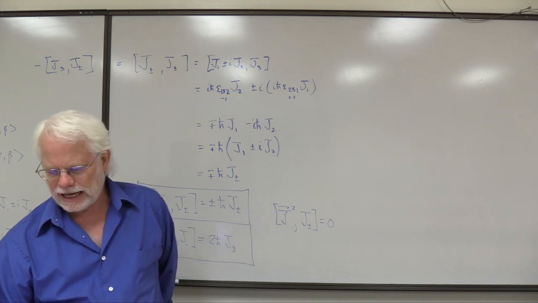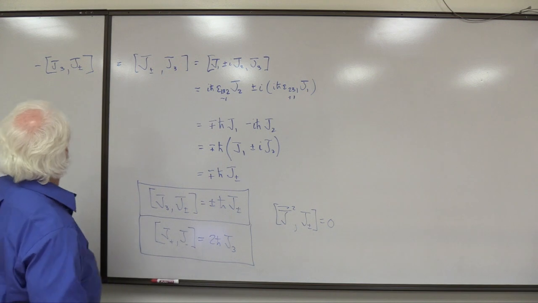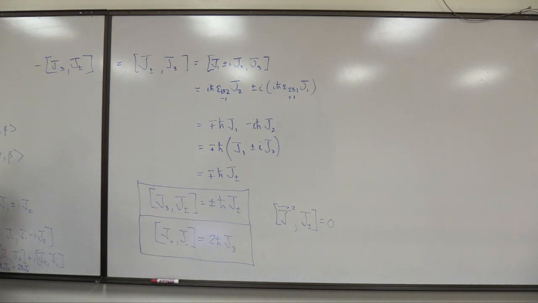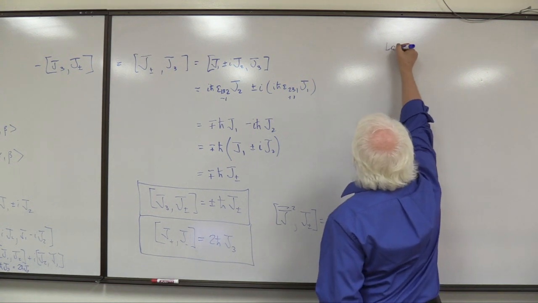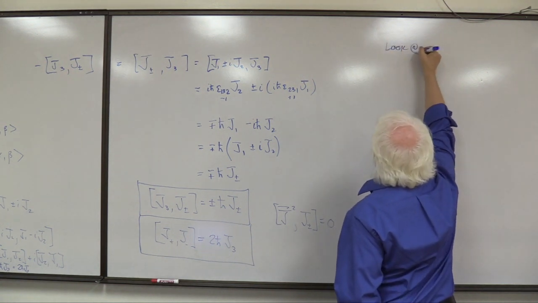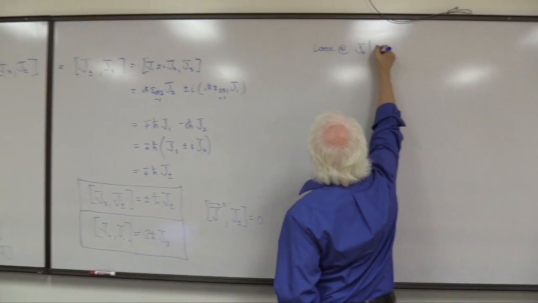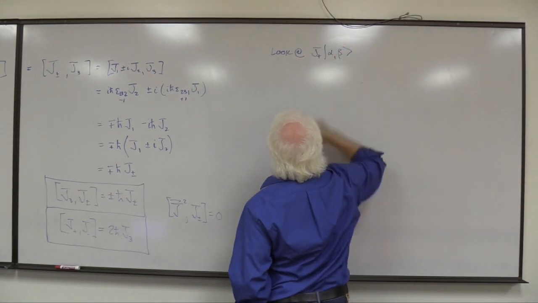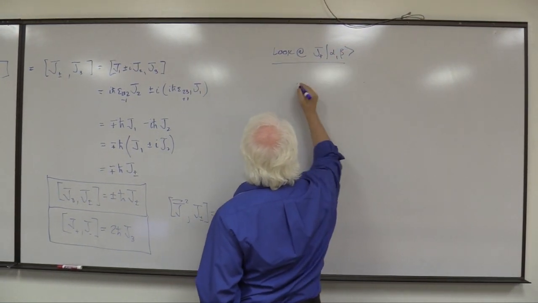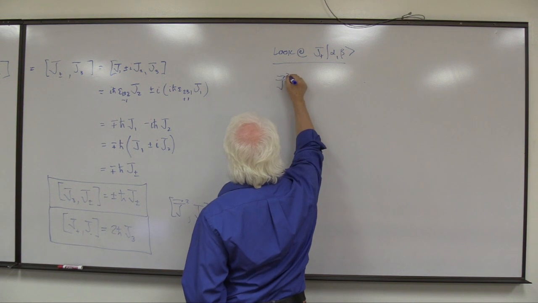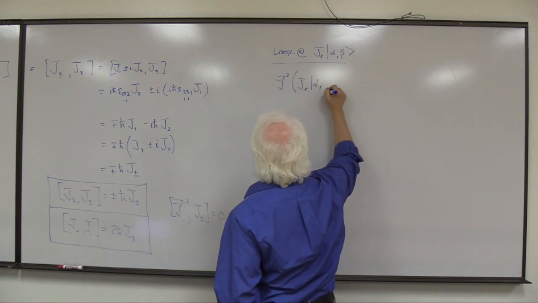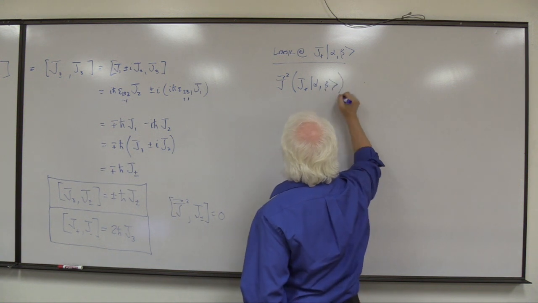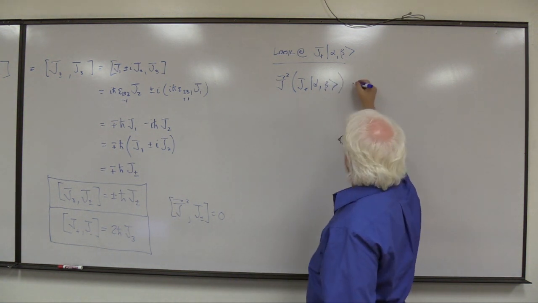What I want to study is the action of J plus on one of these eigenstates. So look at J plus on alpha beta. If I act with J squared on that state, J plus alpha beta, these commute.